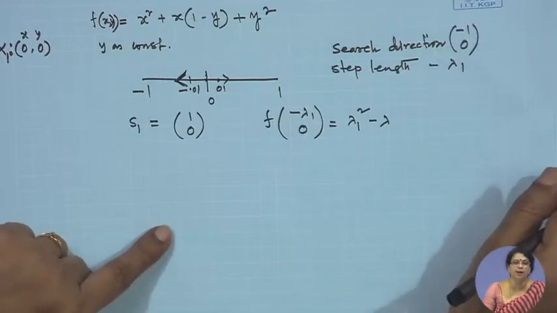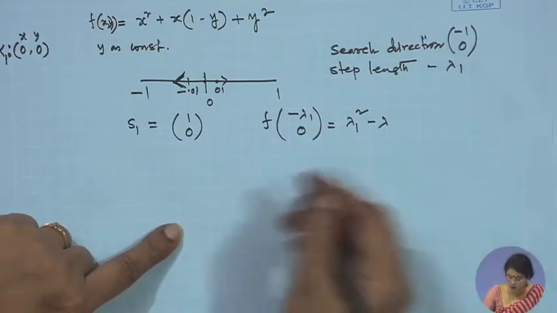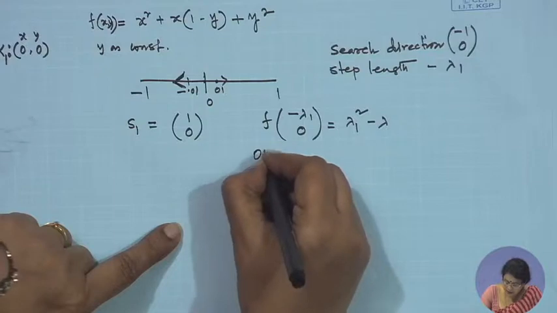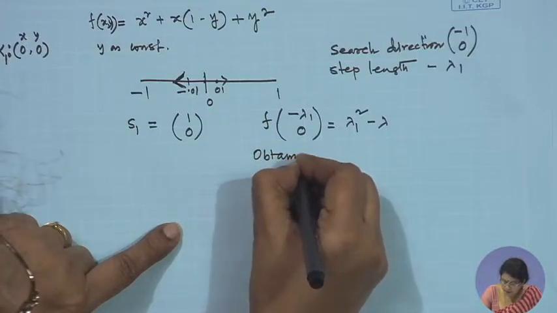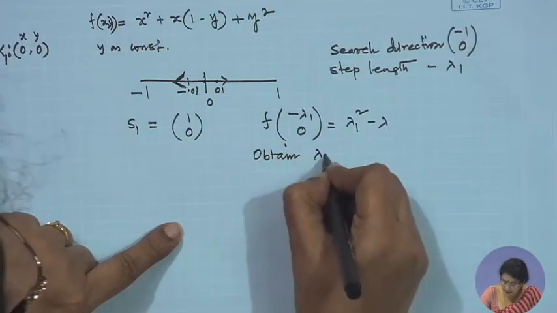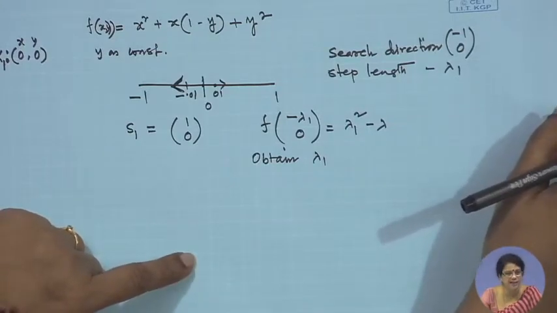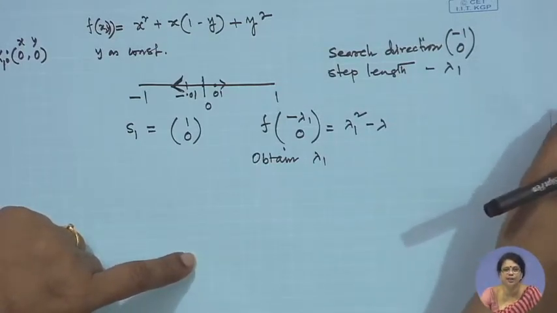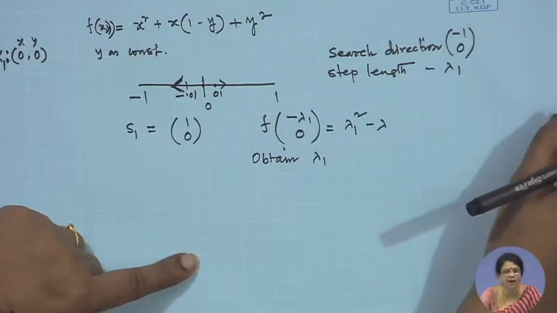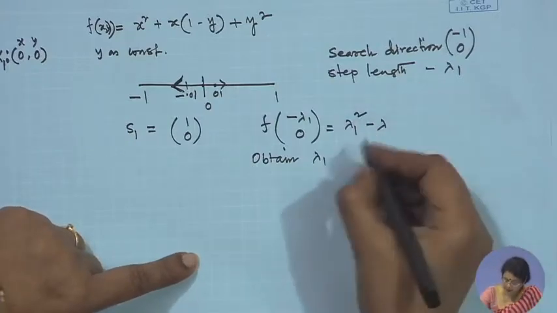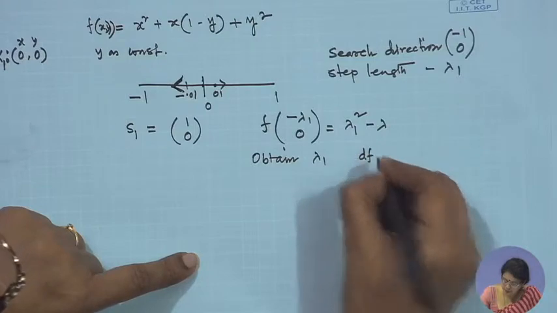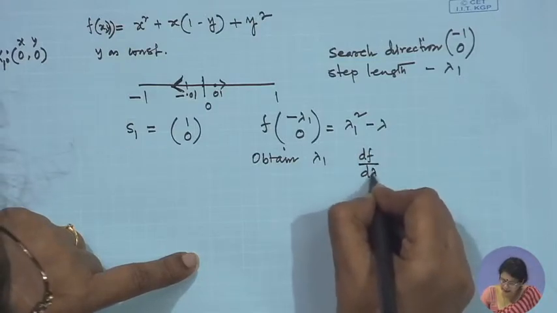Now, what is my aim? My aim is to obtain lambda 1 which optimizes f. That means the first order derivative of f with respect to lambda 1 must be 0. What we do is consider df by d lambda 1.